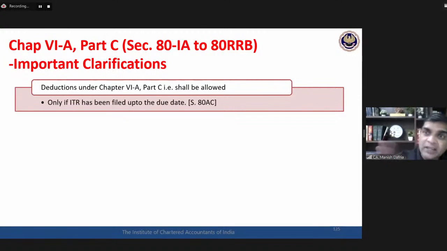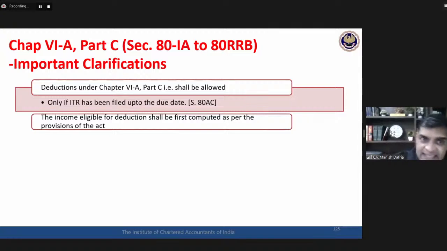Any section prior to 80IA, from 80C to 80GGC, and then beyond 80RRB, that is 80TTA, 80TTB, 80U, which we will be discussing subsequently, all those deductions are available even if the return is filed belatedly. Only for Part C deductions, this requirement is there. ITR has to be filed up to the due date, then only these deductions will be available.